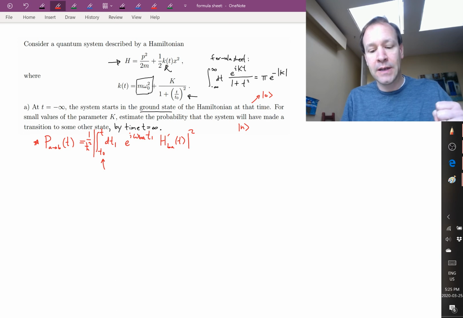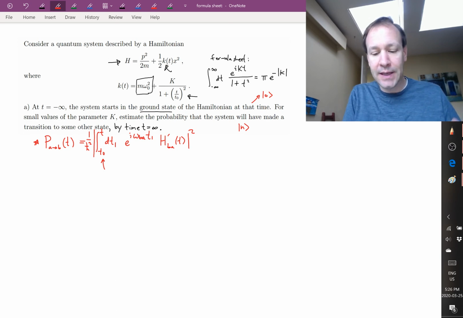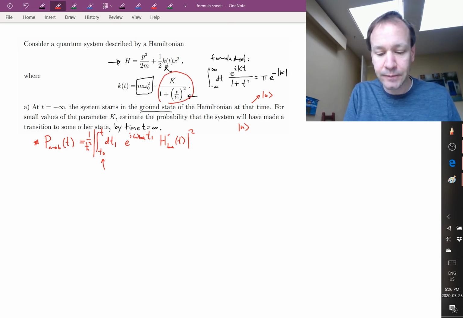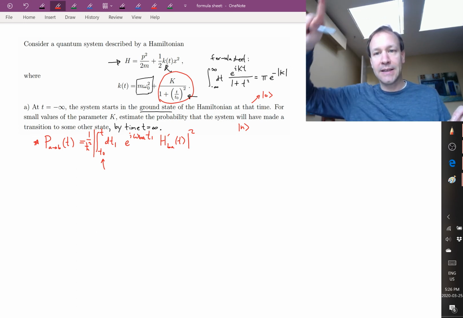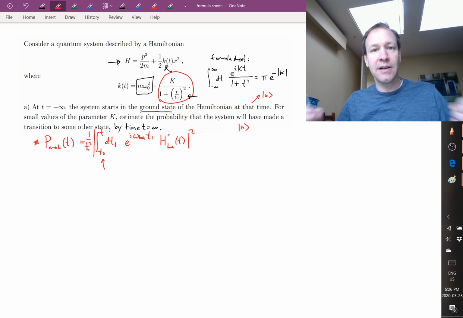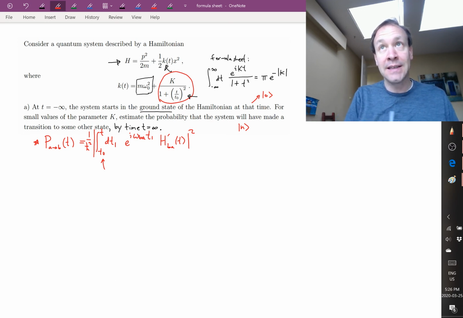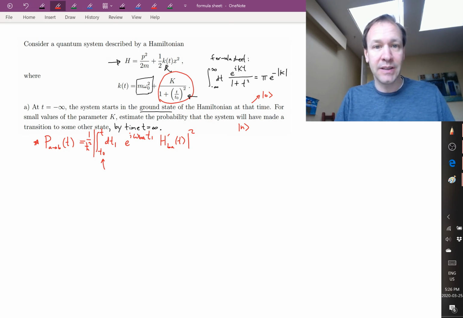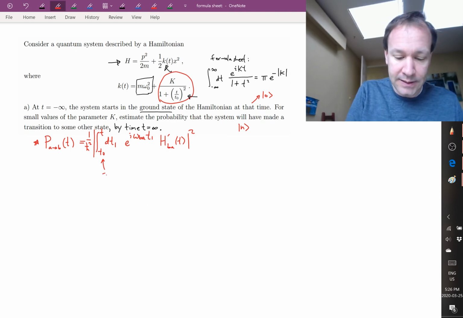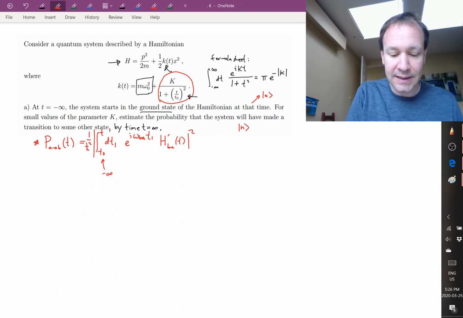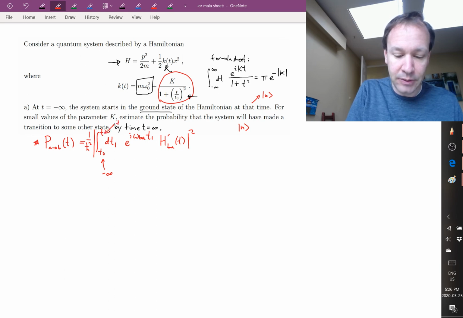It's the harmonic oscillator, but then this piece right here increases from 0 and then decreases back to 0. Our time is running from minus infinity, and the question asks for the probability that it will make a transition to some other state by time equals infinity. So t0 is minus infinity in this case, and t is plus infinity.